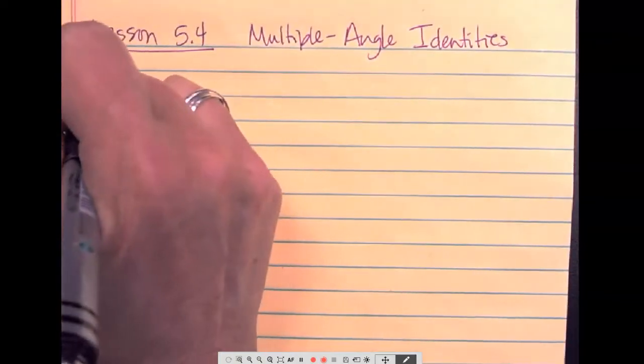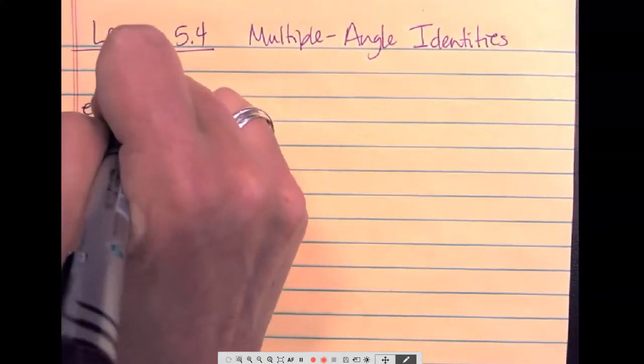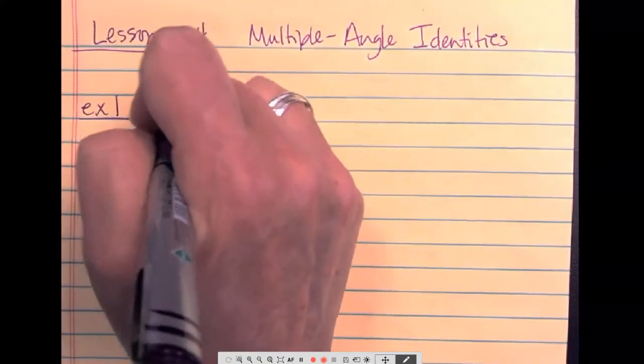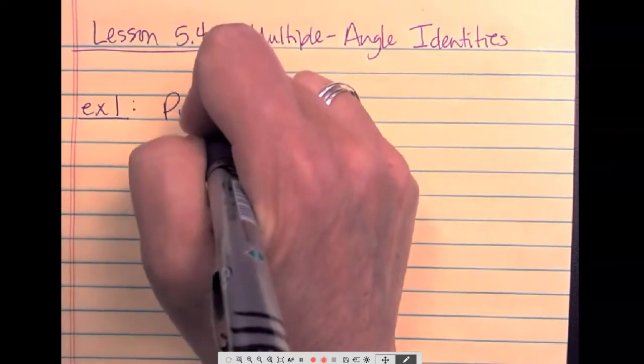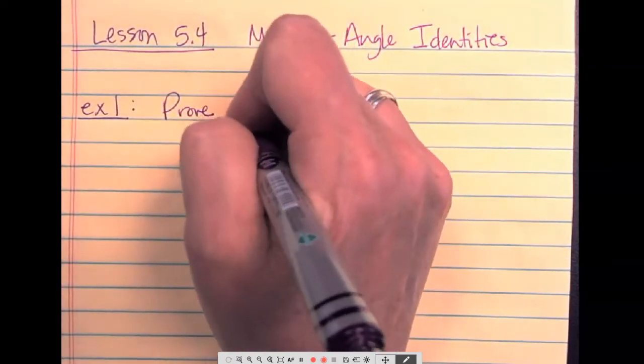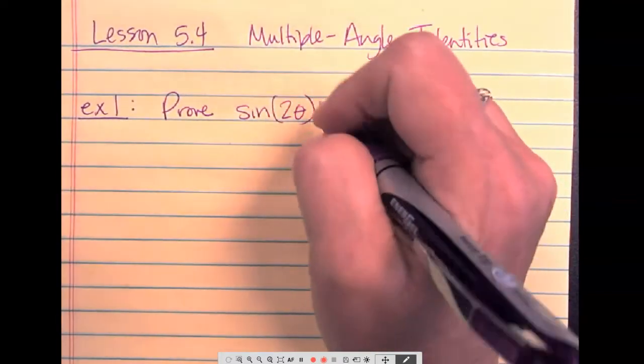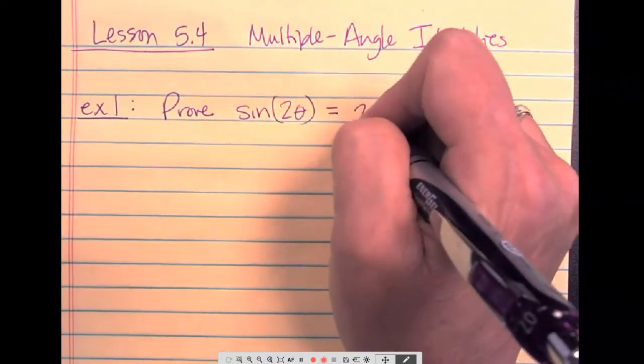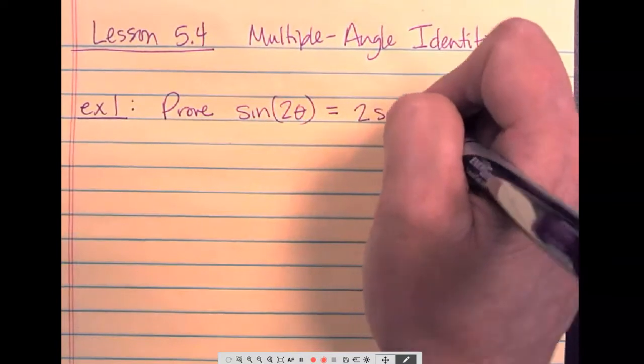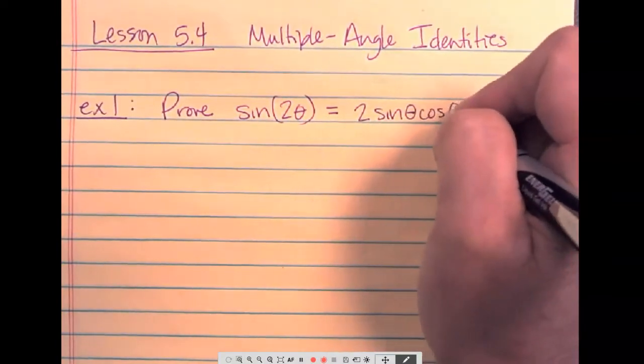Okay, so for example 1, we are going to prove one of the, it's called a double angle identity. Prove that sine 2 theta is equal to 2 sine theta cosine theta.